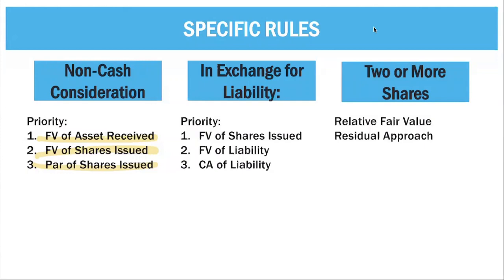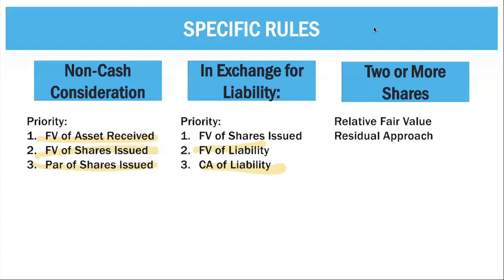If not, carrying amount of liability. So I hope you still remember how do we account for an equity swap. I don't have any problem as to this fair value and carrying amount because I know we just finished that. So this is just like a quick recap on your different rules as to the issuance of shares.